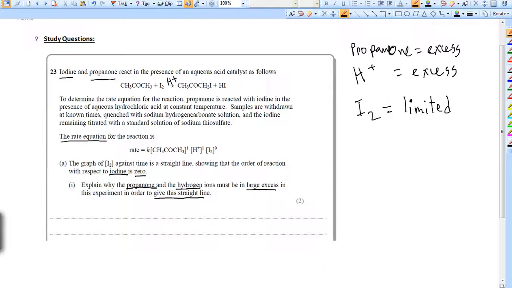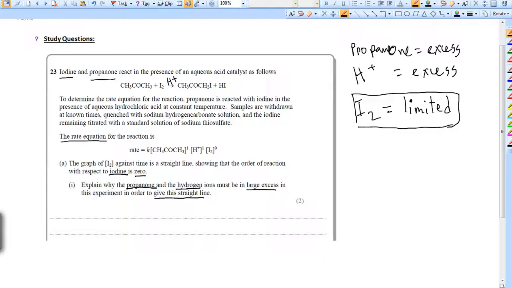As you know, in a reaction one reactant should be limited and another reactant should be in excess. So by that concept we came to know that iodine should be limited. Now let us see why we have taken these two things in large excess.